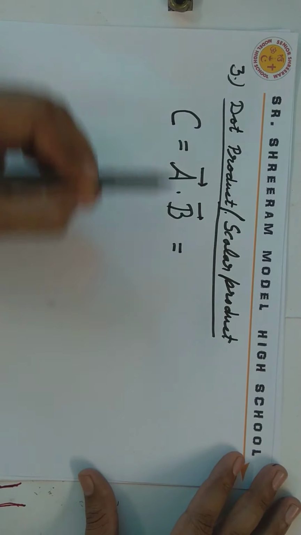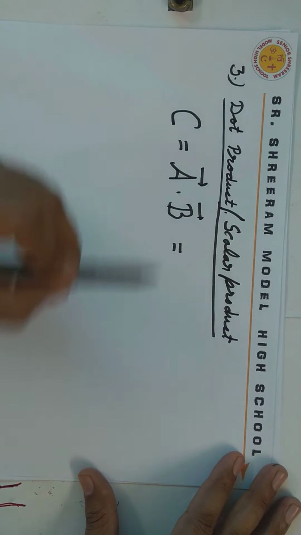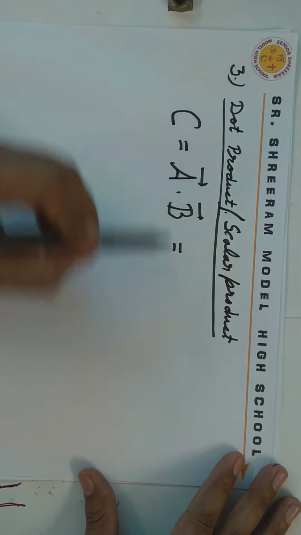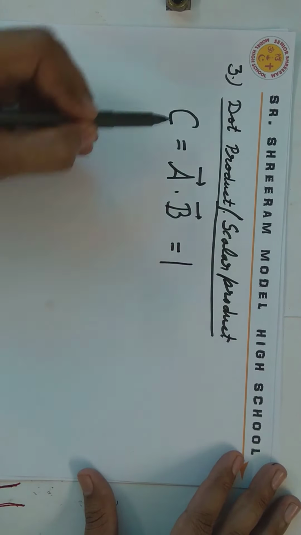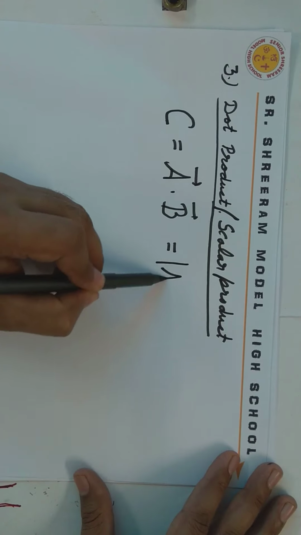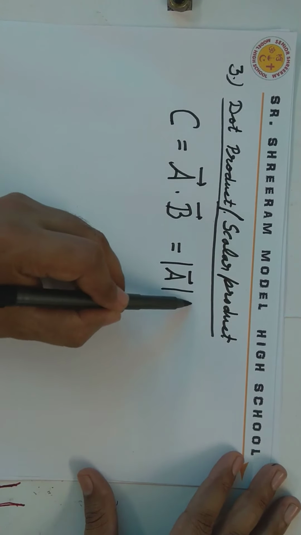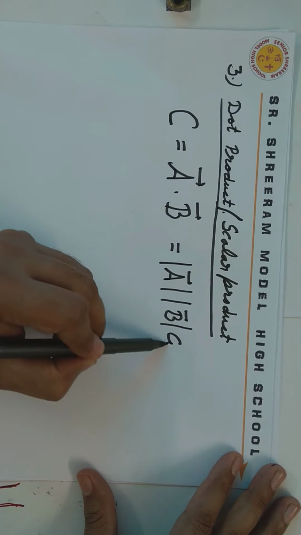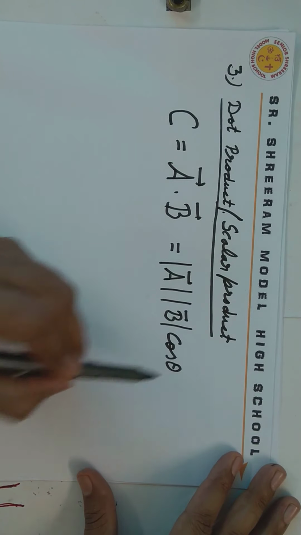Now this is an empirical formula. We won't derive it. So the C will be, the resultant will be, it is not a vector, magnitude of A vector, magnitude of B vector multiplied by cos theta. Now what is theta?